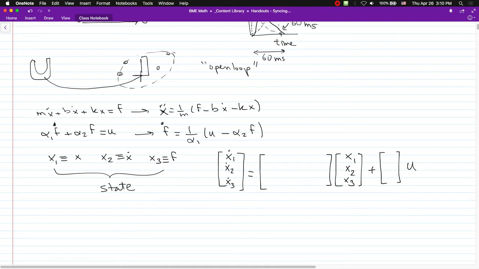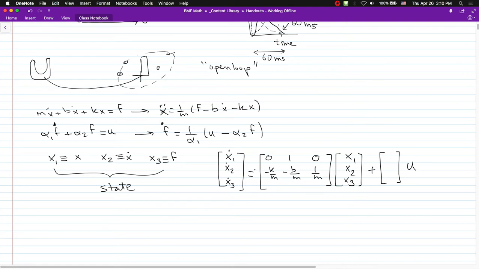So x1 dot is going to be velocity. So I'm going to have 0, 1, 0 here. x1 dot is equal to x2. x2 dot is acceleration. That's minus k over m times x1 minus b over m times x2, plus 1 over m times x3, 1 over m times force.